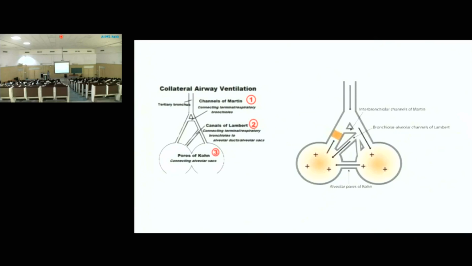The connection formed between the bronchioles and the alveolar sac, that is the bronchoalveolar connections, we call the channels of Lambert. And the channels between two alveoli, we call the pores of Korn.